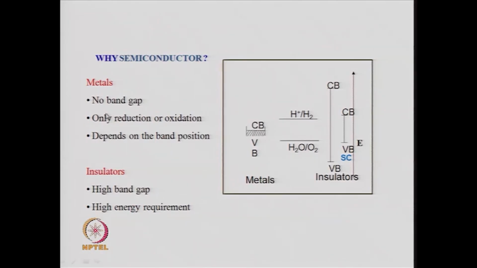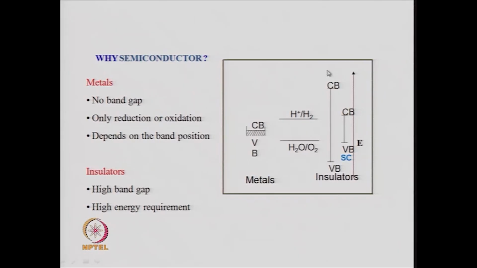So, why semiconductor? Because as I said, in metals there is no band gap, you can only do reduction or oxidation. In insulators you have a very high band gap, high energy requirement, and you will not be able to do this with visible radiation or near UV radiation. Now, typically you can see that a semiconductor has this band gap, the conduction band and valence band, and this is the energy difference of what you need for water splitting.